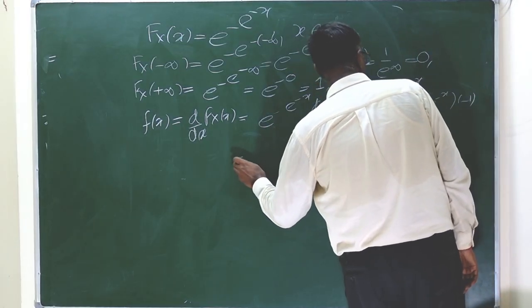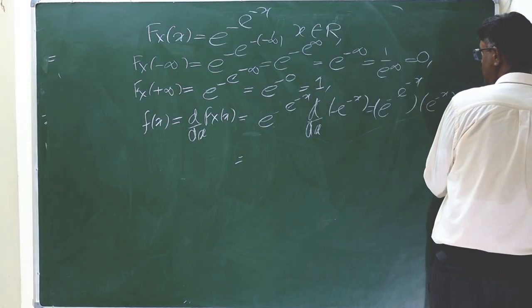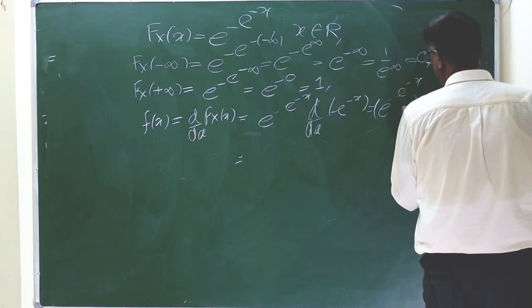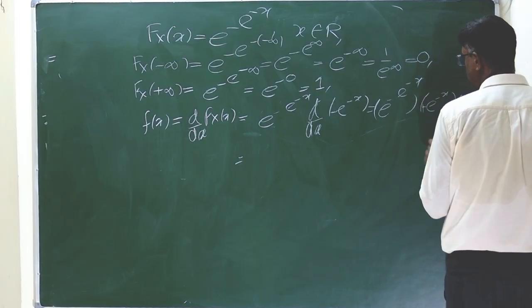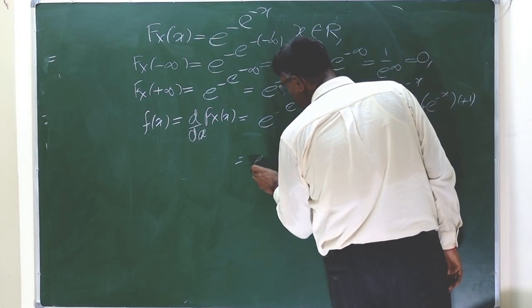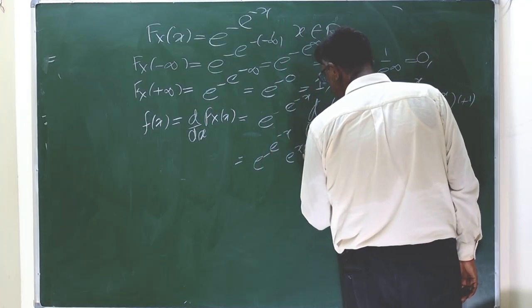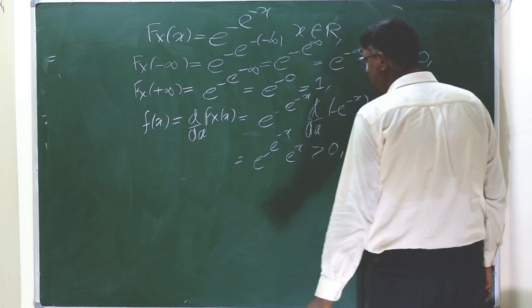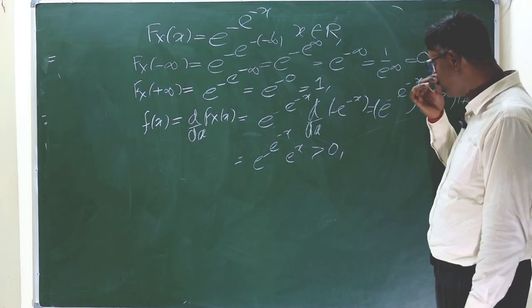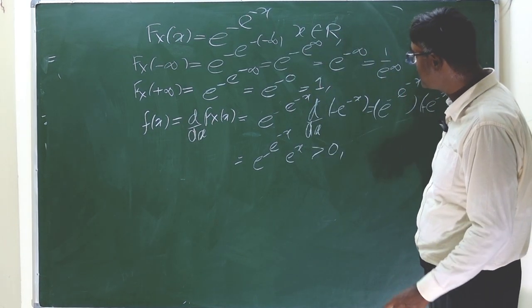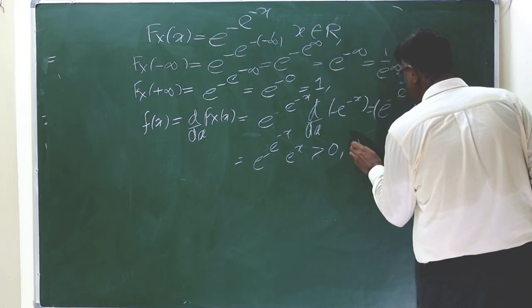So we saw that this minus and this minus will cancel out. So it will be e to the power minus of e to the power minus x times e to the power x, which will be always positive. So we establish that f of x is non-decreasing.